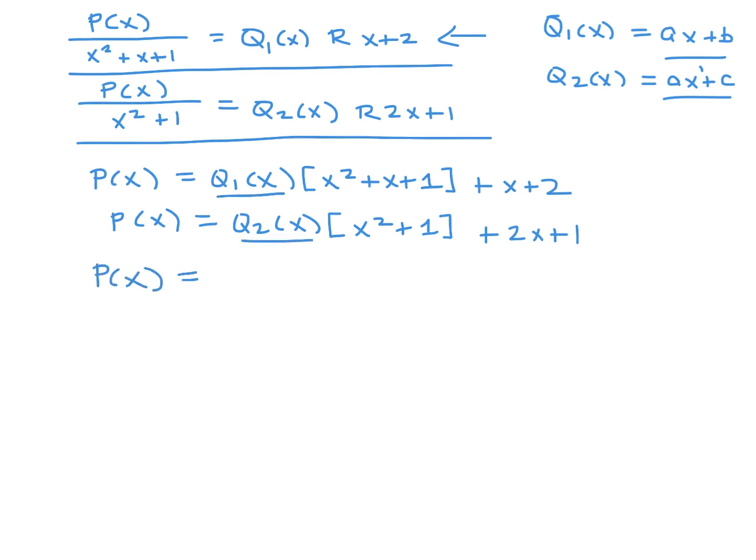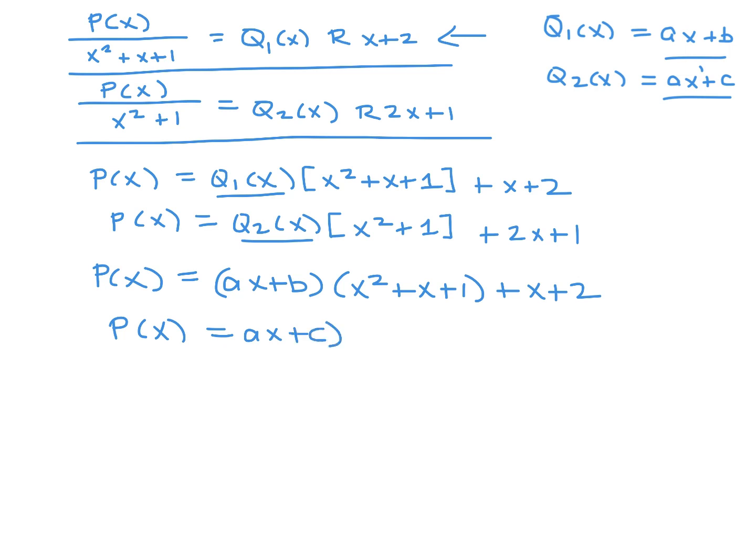So I'll insert the first one: ax plus b, times x squared plus x plus 1, plus x plus 2. And then the second one, I will insert ax plus c, times x squared plus 1, plus 2x plus 1. So far pretty good, but we have all these letters, and we also have a bunch of x's.